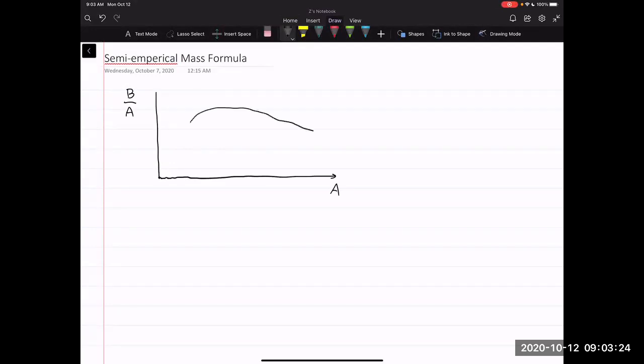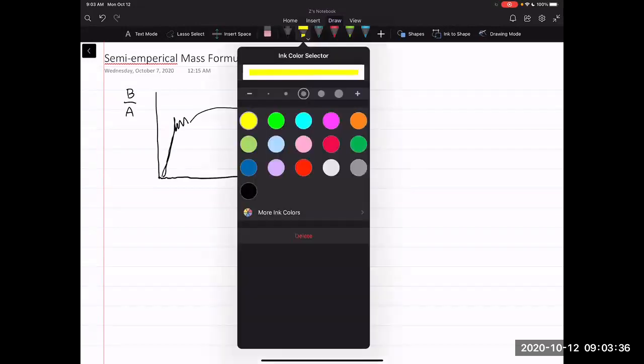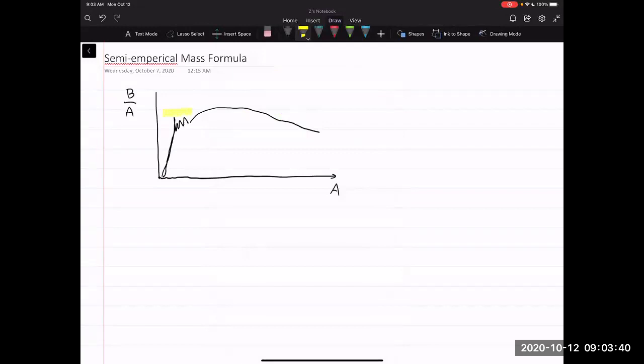For very light nuclides, we see some features coming from the shell structure. But most of them are concentrated in the range of roughly 7.5 to 8.5 MeV.